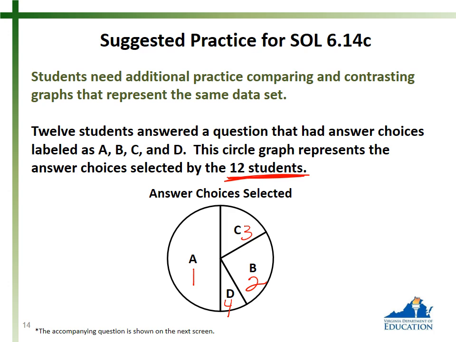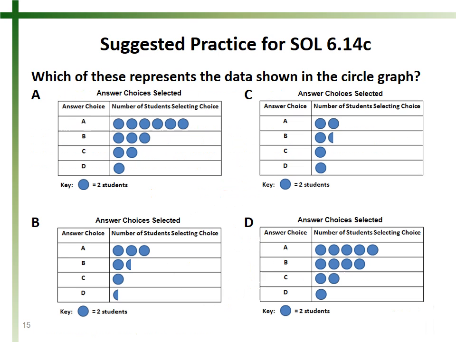And so we know that A has the most, B should be half of A. And then we have C, and C looks like it's double the size of D. So it'd be 2 times the size of D, with D being the smallest. So let's remember that information here, and let's go to the next screen.